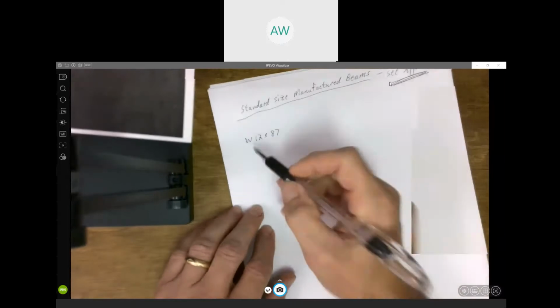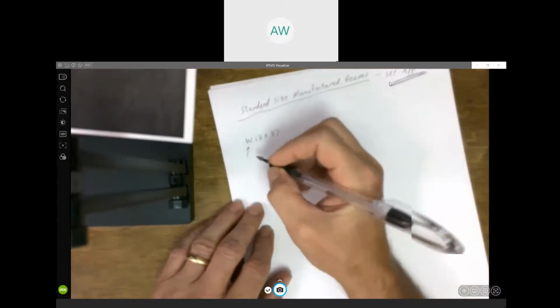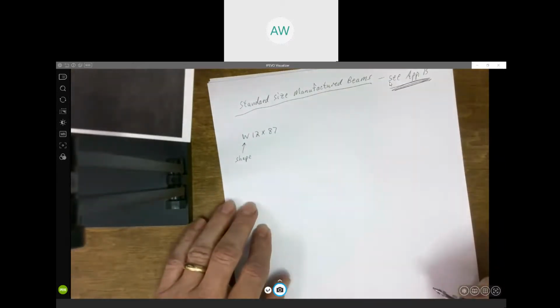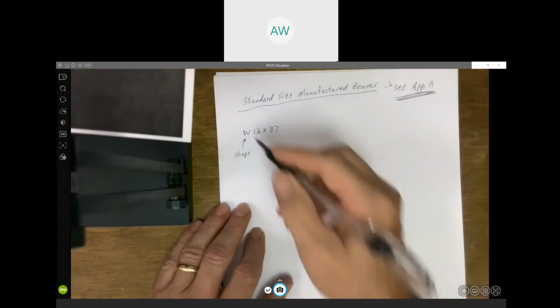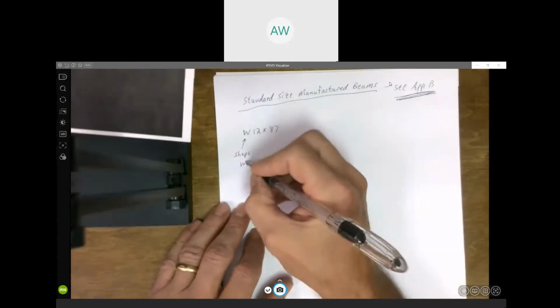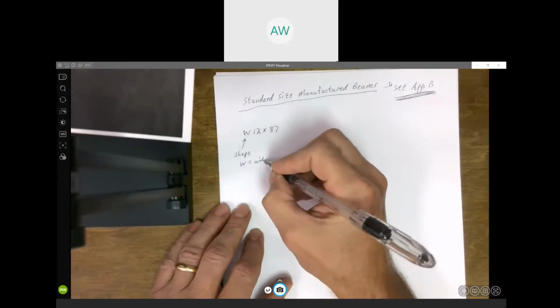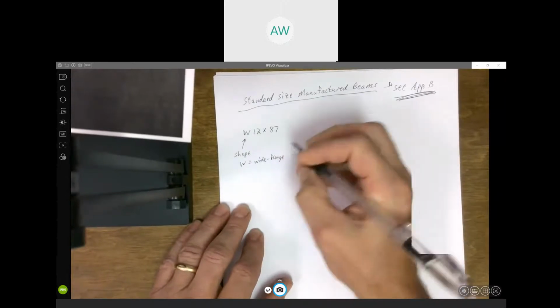So the first thing, that first letter, tells you the shape. What cross section is this beam? W here stands for wide flange I-beam.